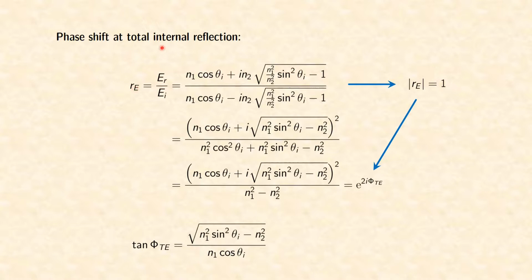But as soon as we have total internal reflection, RA becomes a complex number, and we have to take into account this phase shift. That becomes fairly important in case of optical waveguides, as we will see in our next lecture.